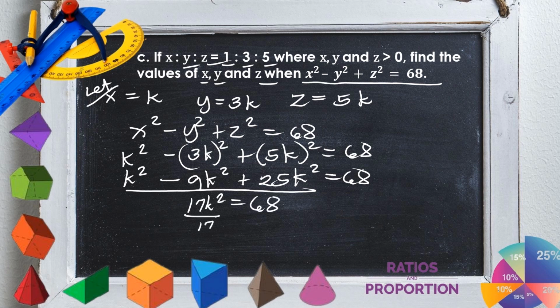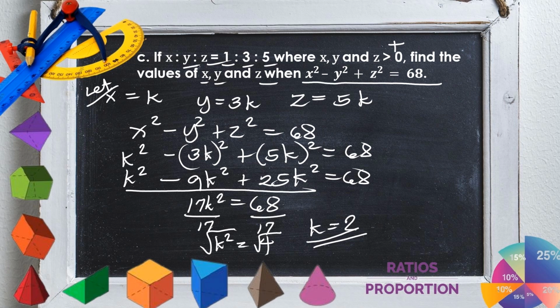Then we divide first by 17. Your k squared is equal to 4. Since it's still squared, we get the square root. The square root of 4 is 2. Why didn't we get the negative? Since the values of x, y, and z are greater than 0, that means they are all positive. So, we just take the positive root.